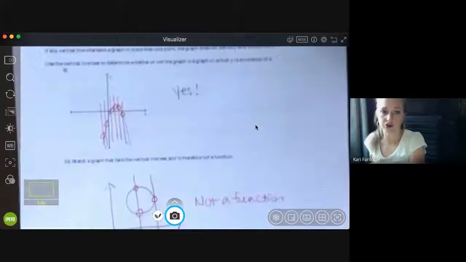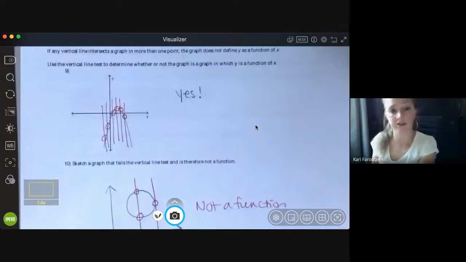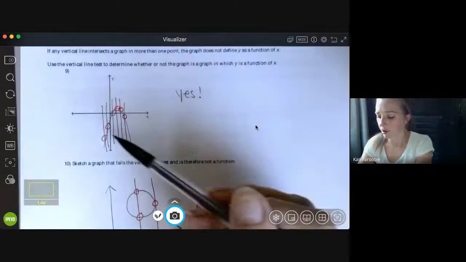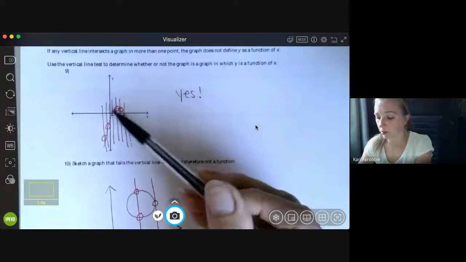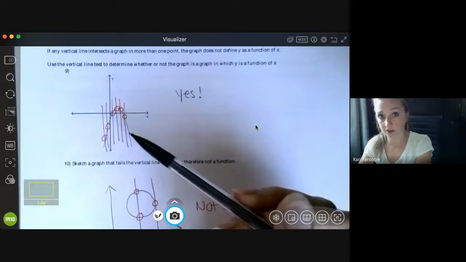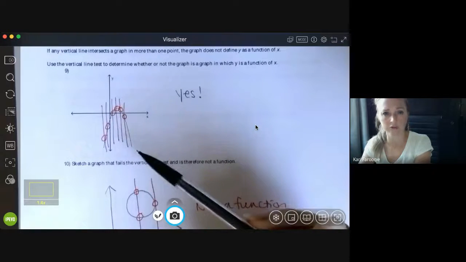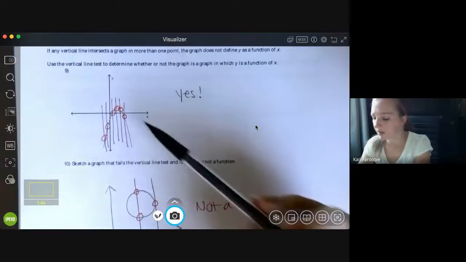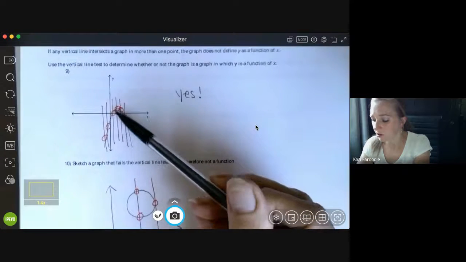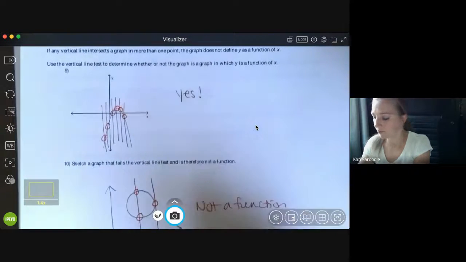Oh yes, and then at the end we talked about the vertical line test to determine whether or not your graph represented a function. So something like number 9 looked like a parabola, and we said that it was a function because we wouldn't be able to draw a vertical line through the graph that would hit the graph more than one time. And each place the vertical line only hit the graph once.